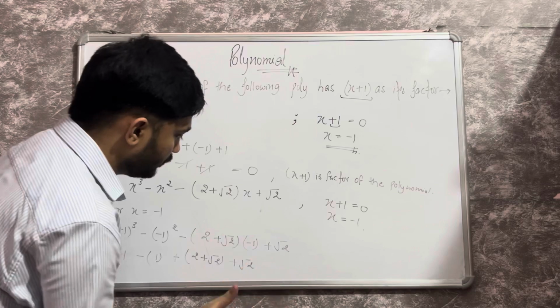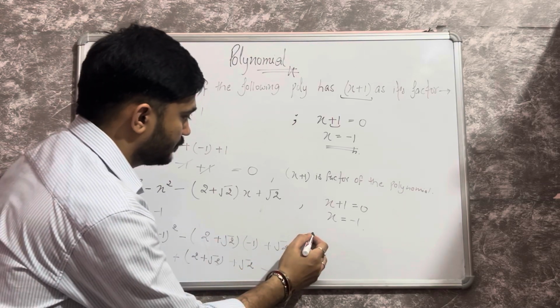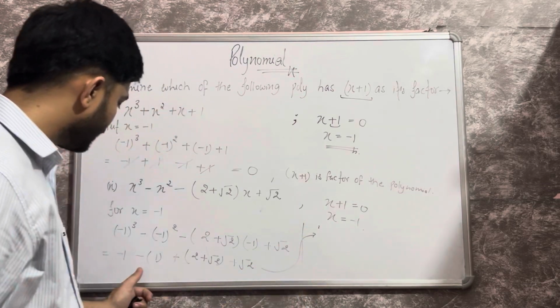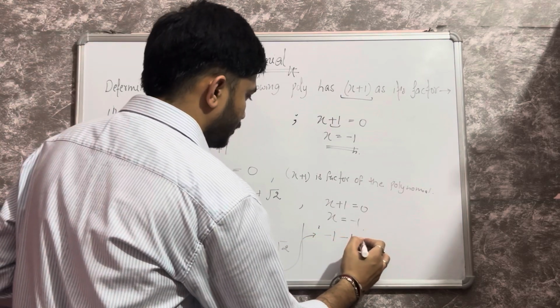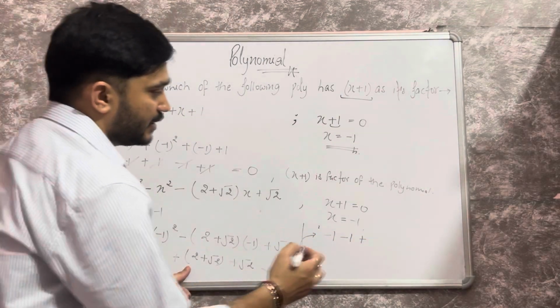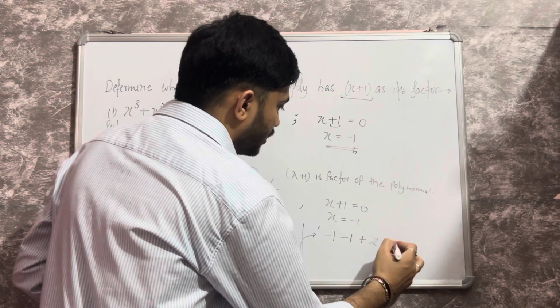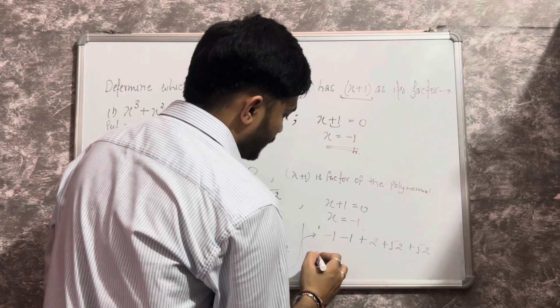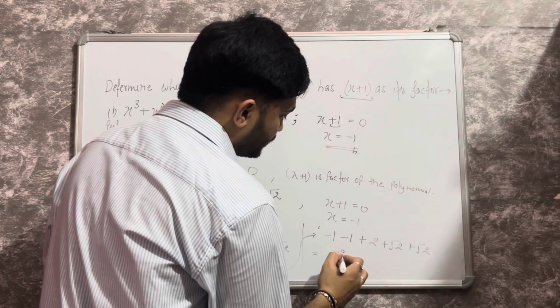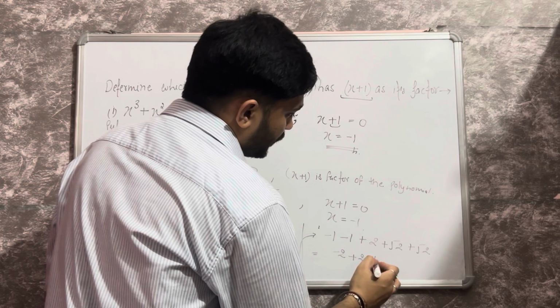I am going to solve this here. That is minus 1 plus, opening this bracket, 2 plus under root 2 plus under root 2. So minus 1 is minus 2 plus 2 under root 2.